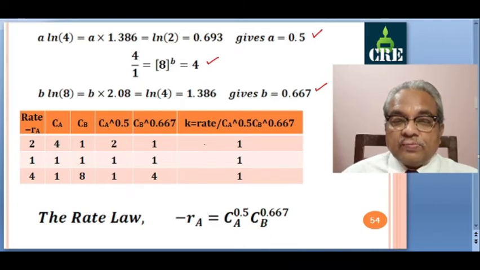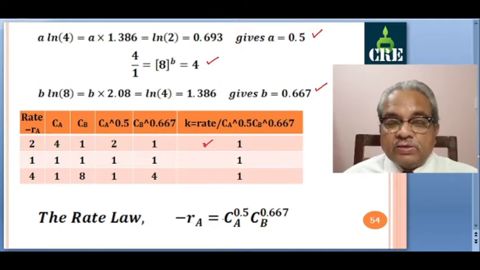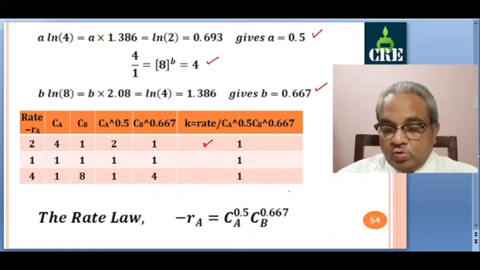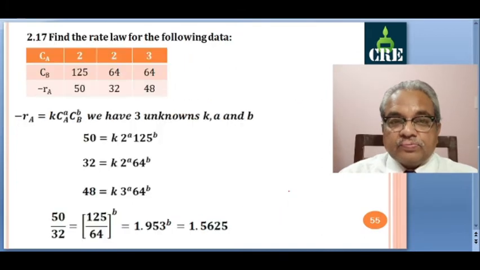So K is a constant, 1. So the rate law will be minus Ra is equal to K, which is 1, Ca raised to 0.5, Cb raised to 0.667. Next problem, similar problem, the data is changed now.